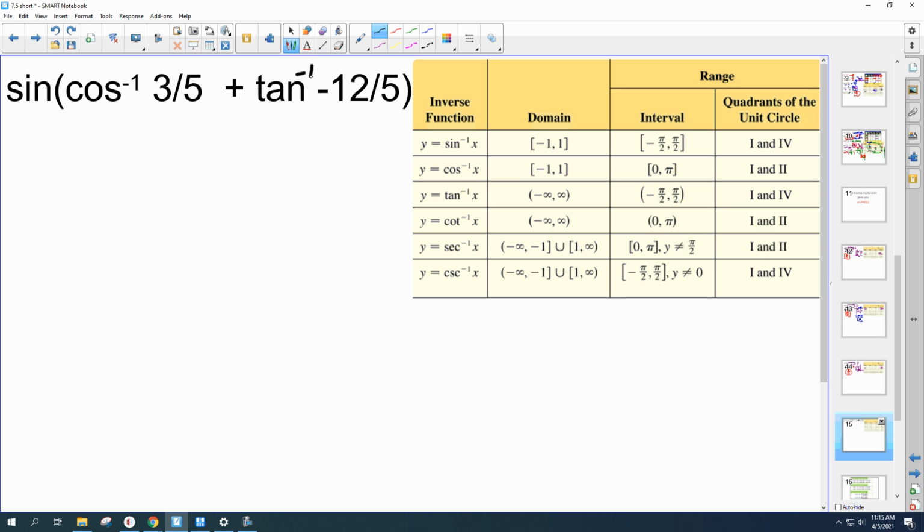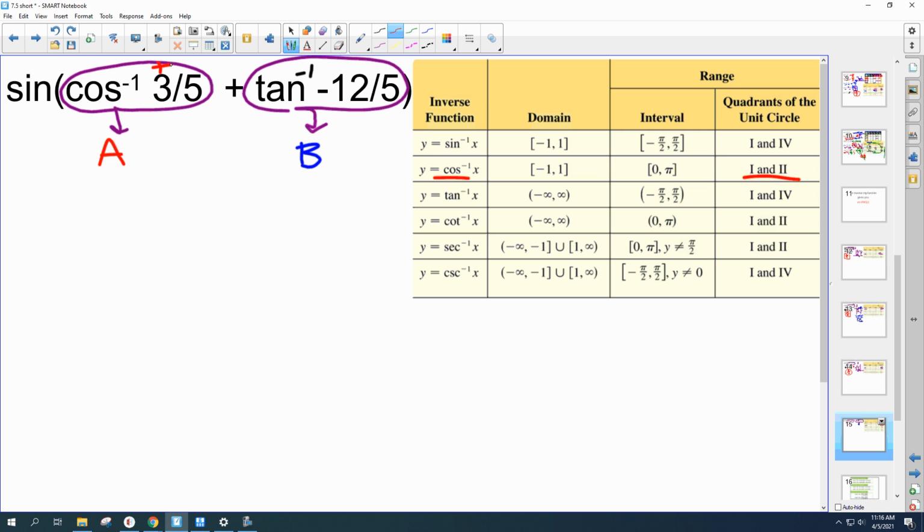So this one looks really insanely difficult, but again, just keep in mind, you know what an inverse trig function is. An inverse trig function is an angle. But the thing is here, I've got 2 different inverse trig functions, so I'm going to have 2 different angles. I'm going to call this one A and this one B. I draw a picture of A. What quadrant does angle A have to be in?